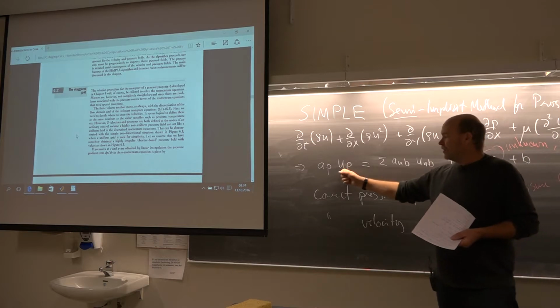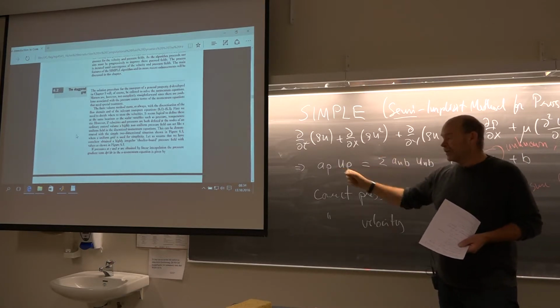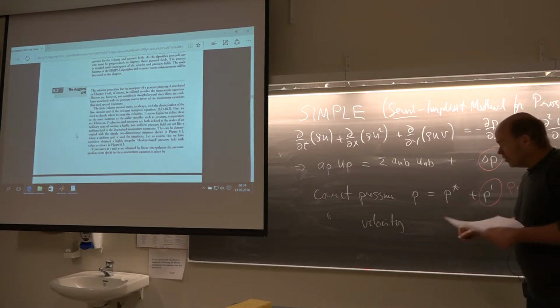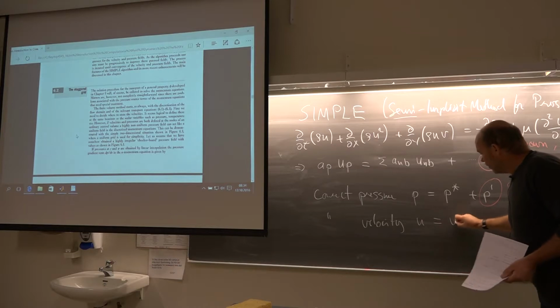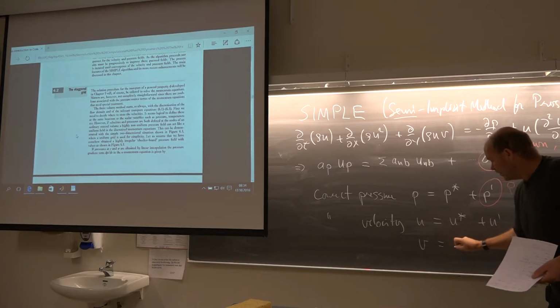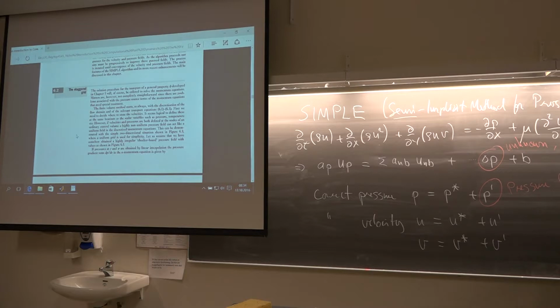Calculate first a velocity based on the old pressure, then you get the wrong velocity, the tentative velocity field. It's the same here. So here U equals something wrong plus a correction, and same goes with V then. Like that.